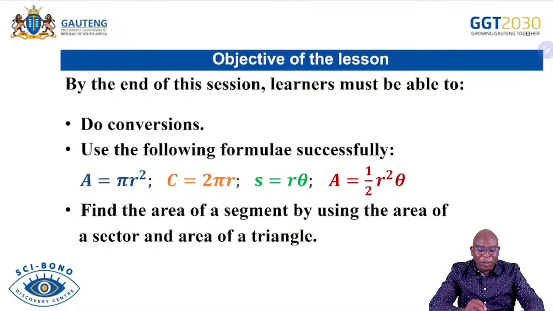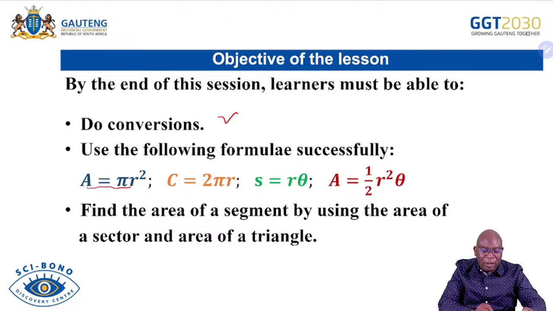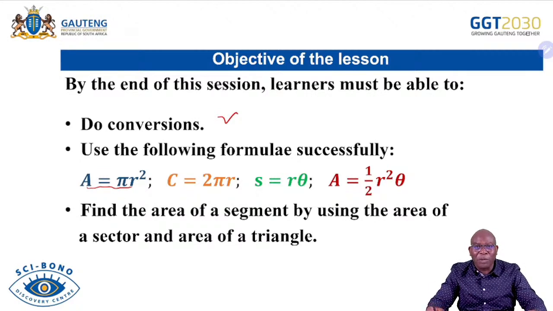Number 2, we need to look at the following formulae and be able to apply them successfully. The formula for the area of a circle, because we're going to be working with a circle most of the time. The circumference of the circle, we're also going to be using that formula.